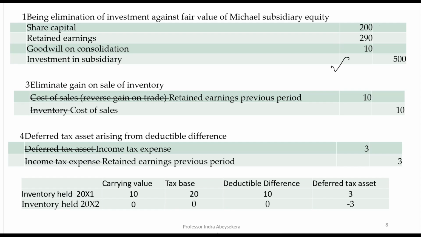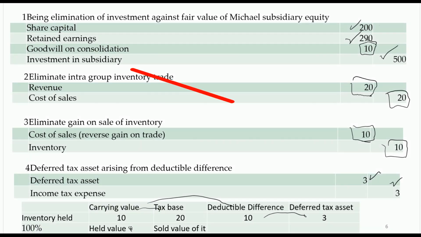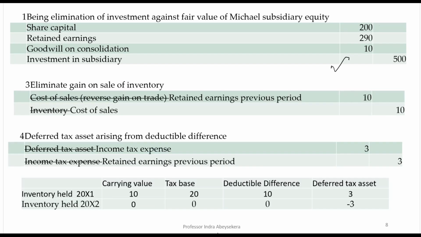But the second entry is unnecessary because it's the trading transaction that has taken place in the previous period, that's in 20X1, but it's not in 20X2. So the consolidation entry number 2 is not necessary.